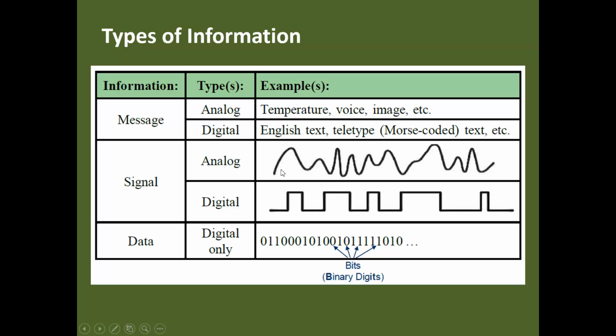The signal can be of this form in the analog domain, and it can be represented using a waveform in the digital form. This representation in the digital domain is for the representation of the bits only, right?